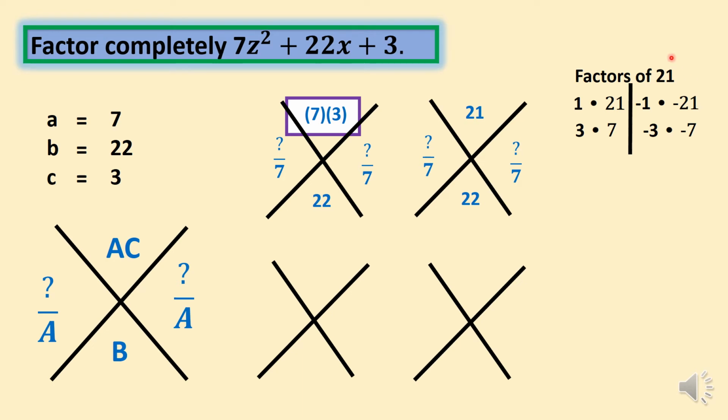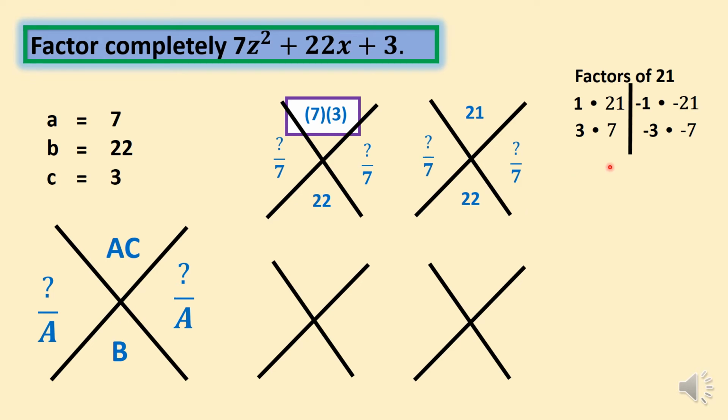Okay? So tandaan class na kapag positive yung hinahanap natin o yung fina-factor natin, dalawa yung kukunin mo na parte. Yung positive part niya at saka yung negative part. Diba? Kasi pag tinimes natin yung like signs, ang magiging sagot niya ay positive. Kaya dalawa itong makikita nyo. Okay? So ngayon, gagamitin natin yung mga factors ng 21 para dito sa baba natin.